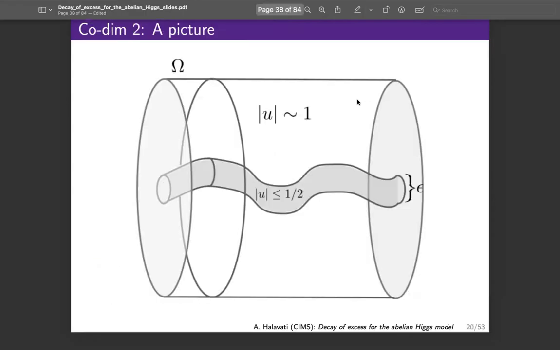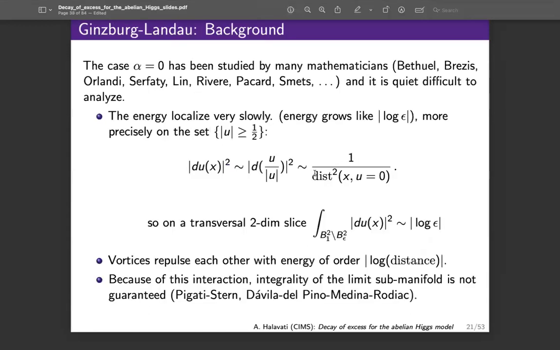If you think that on this slice you're an S1-valued map, you have a contribution coming from the gradient of your phase, right? And the gradient of the phase, if you just think about e to the i theta, is of order 1 over r, right? So the gradient squared of the phase is 1 over distance squared. And if you integrate this on one of the slices, excluding, say, the vortex set, you get log epsilon of energy. So energy concentrates really, really slowly.